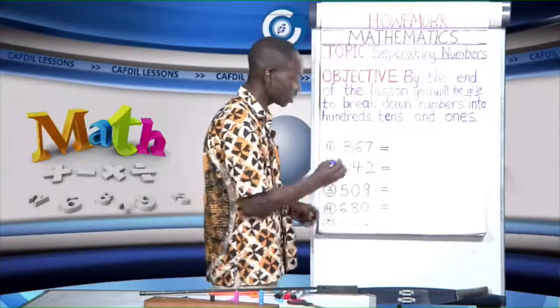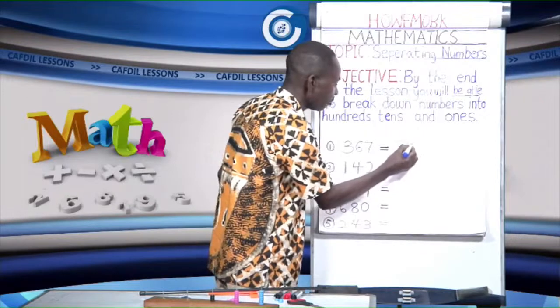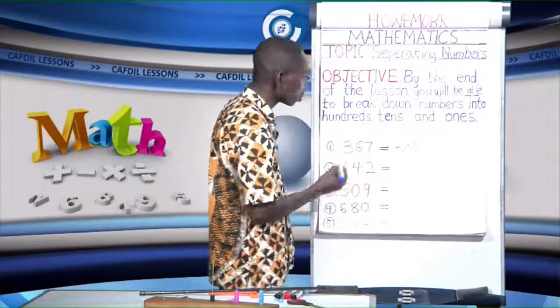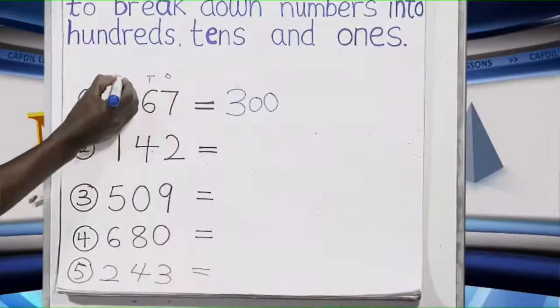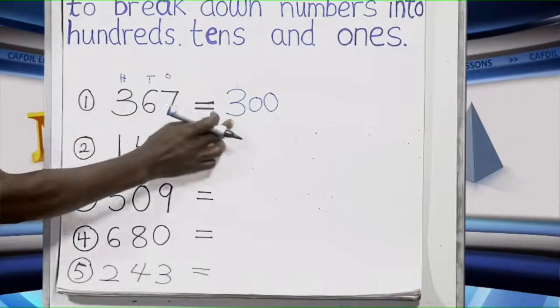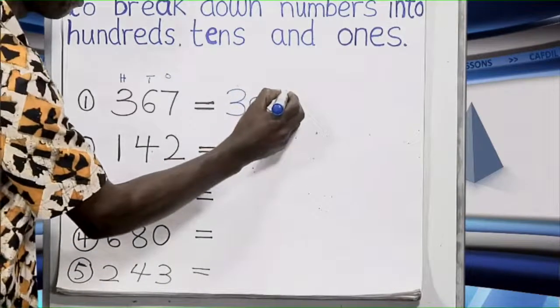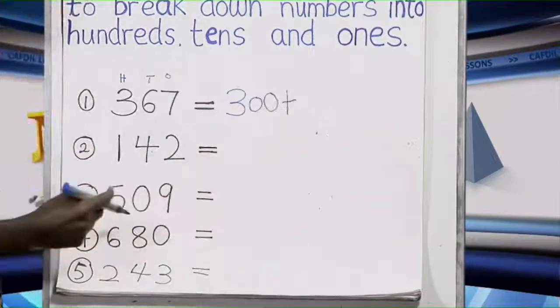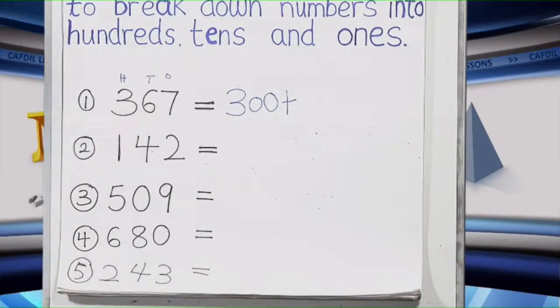So over here we have 300, meaning that the 3 here is not actually 3, but it is what? 300. Because we have the ones column, tens column, and then hundreds column. So this 3 here is 300 plus, now we have 6 under the tens column, and each bead shows 10.